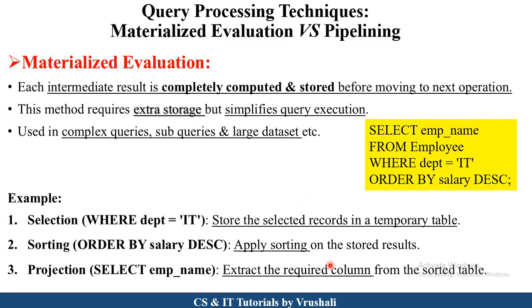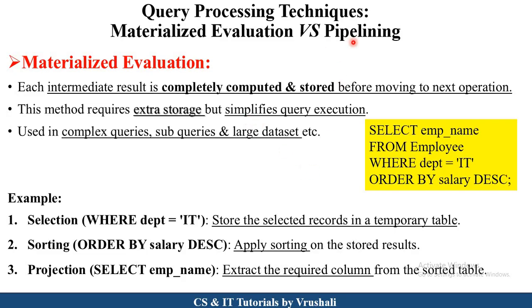The select statement actually extracts the employee name from this temporary table and displays the data to the user. So what is the concept? It creates a separate temporary table, stores all the results in it, and performs operations on that. This is called the materialized evaluation technique. This method requires extra storage to simplify the query execution.